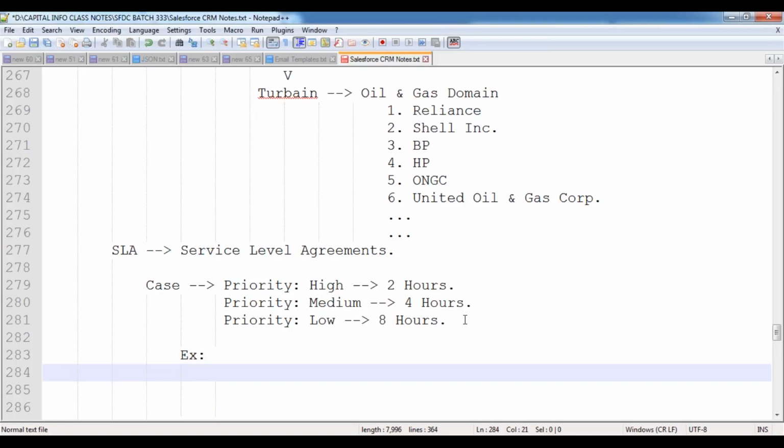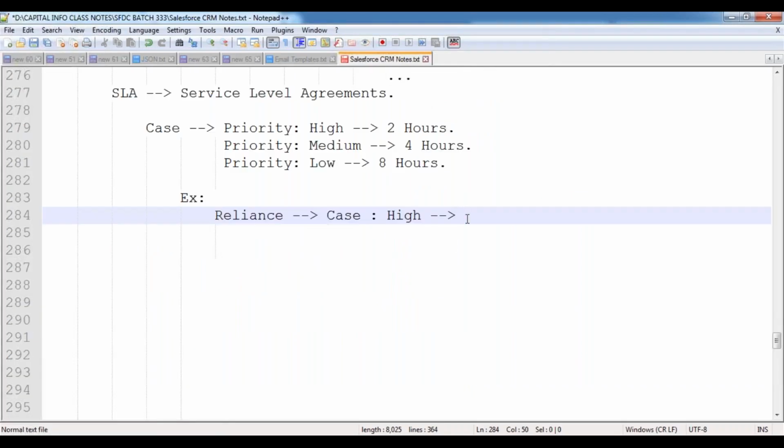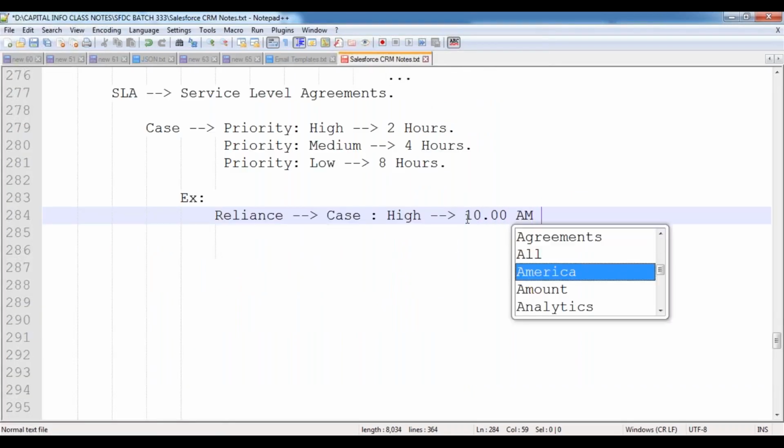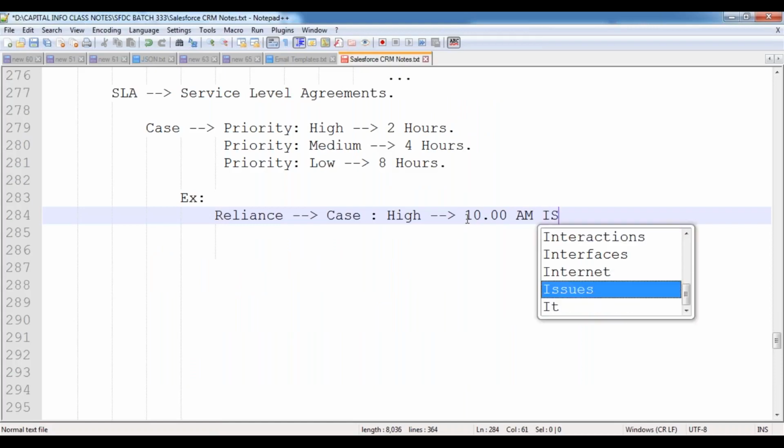For example, assume that today Reliance people are facing a problem with the product. So they have raised a case. What is the priority? High priority. They have raised a complaint with a high priority. Assume they raised the case in the morning, at 10 a.m. IST.